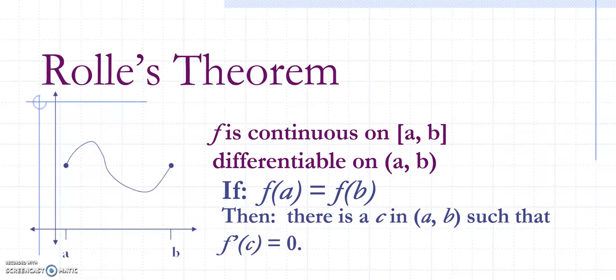Well, let's talk about a few things. So first, continuous. Remember, and this came up with our critical values as well, but let's just make sure we understand our definition of continuous.